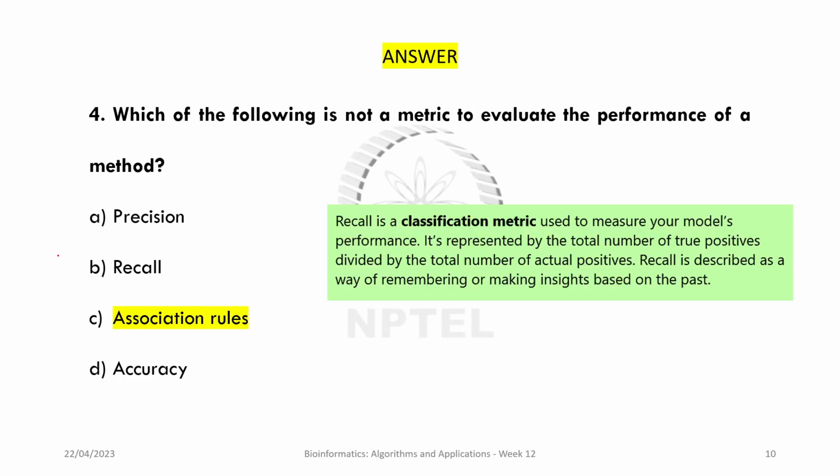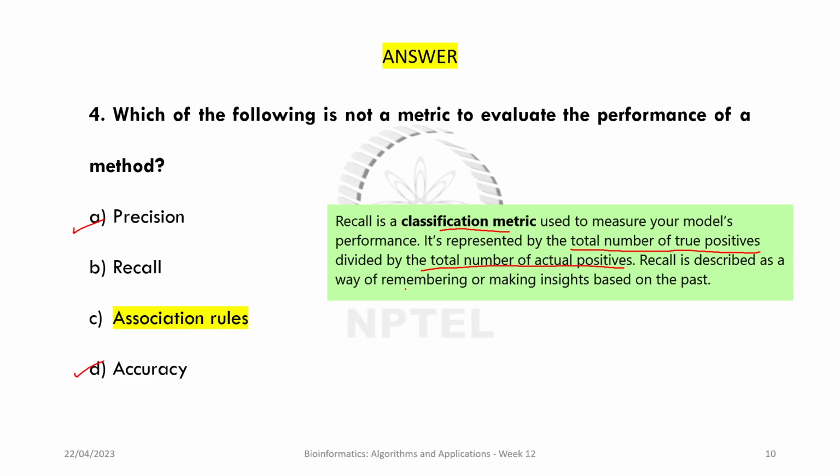So of course we use precision and accuracy as a metric to evaluate performance of a method, right? In case some of you haven't heard of recall, it is also a classification metric used to measure the method's performance, represented by total number of true positives divided by total number of actual positives, which is similar to sensitivity, right?